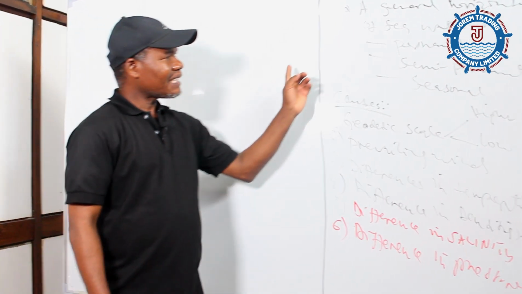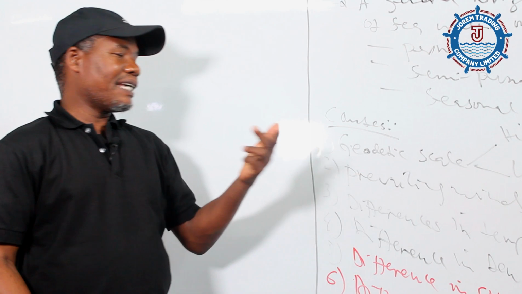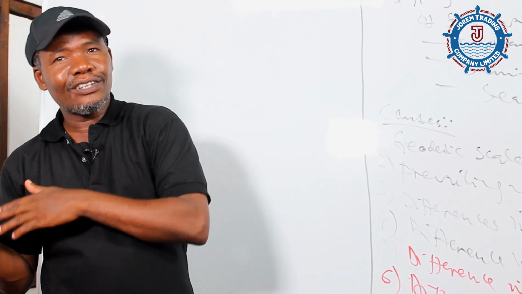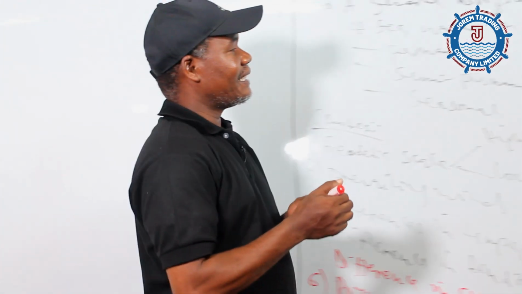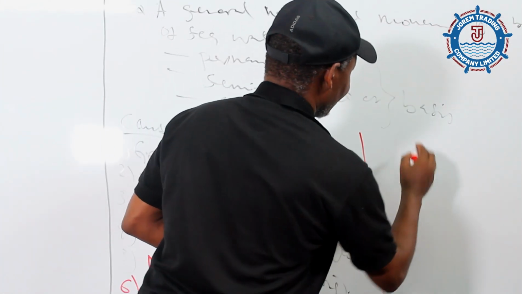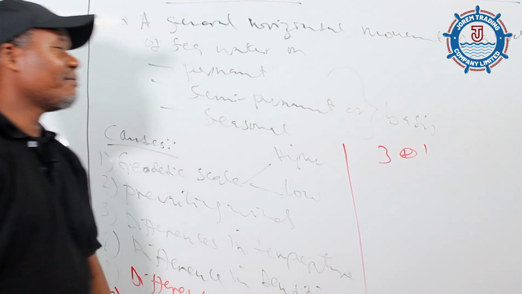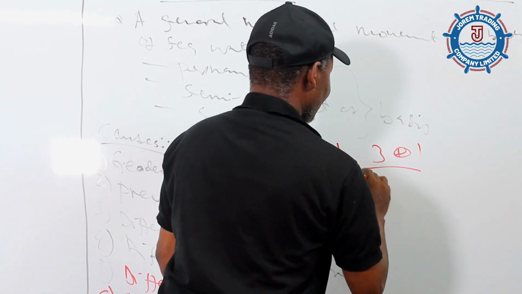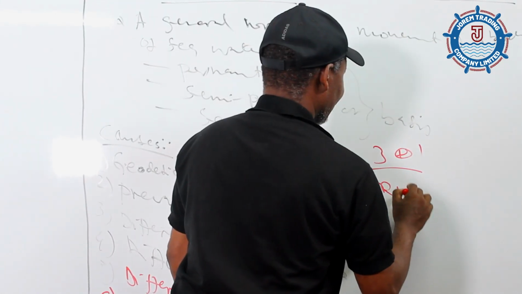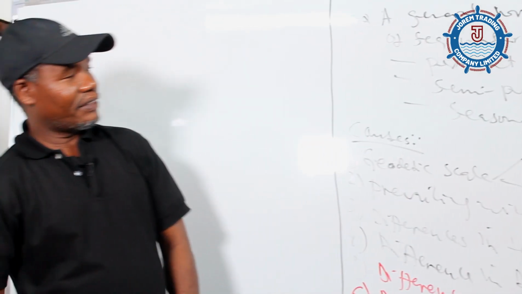But in all cases, whatever the reason, we have either a cold current or a warm current. These warm or cold currents are divided into three plus or minus one groups. One, we have the drift current. This is amongst the types of ocean currents.